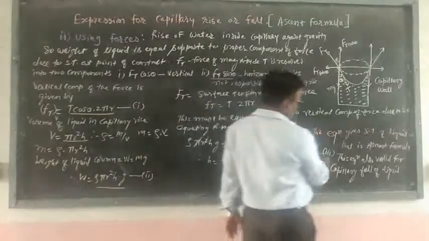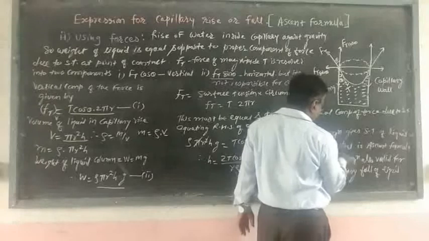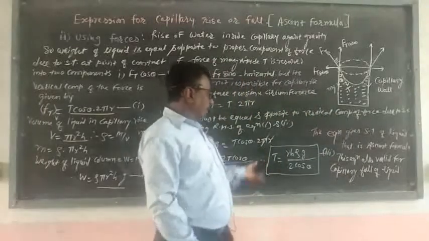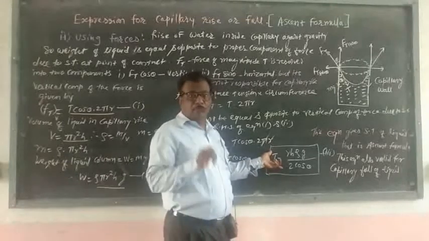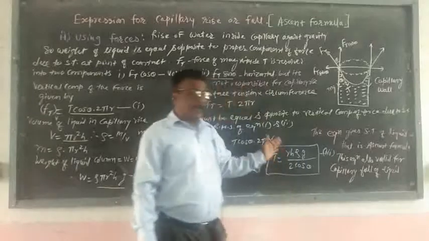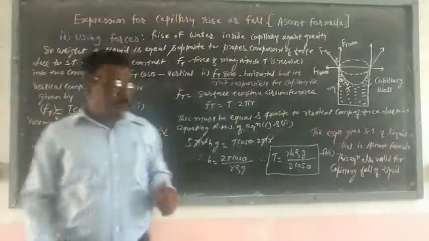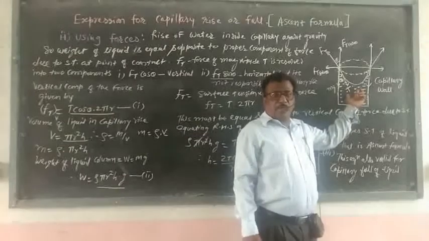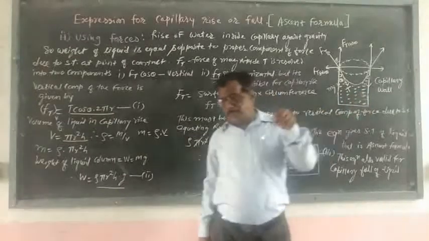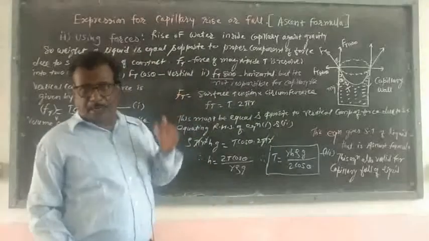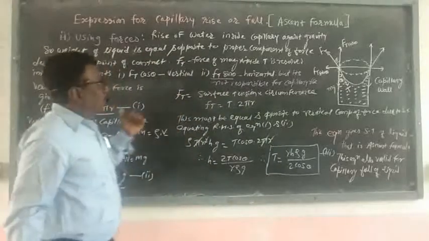So this equation also gives the surface tension of liquid, and that is known as Ascent formula. And this equation is also valid for capillary fall of liquid. When we take mercury instead of water in a beaker and a capillary tube is inserted in this, then we get a decrease in height, that means fall of liquid.